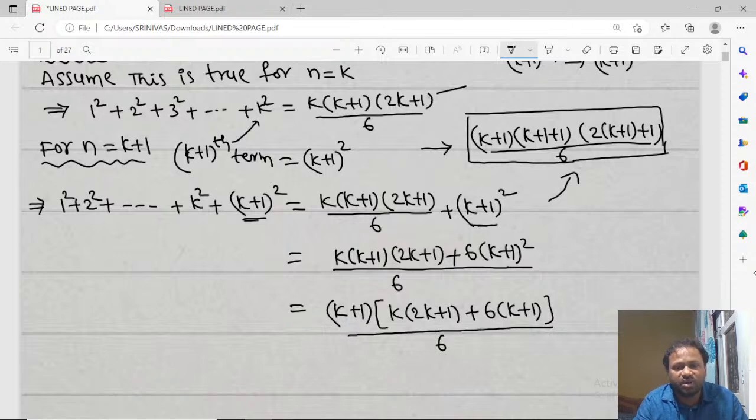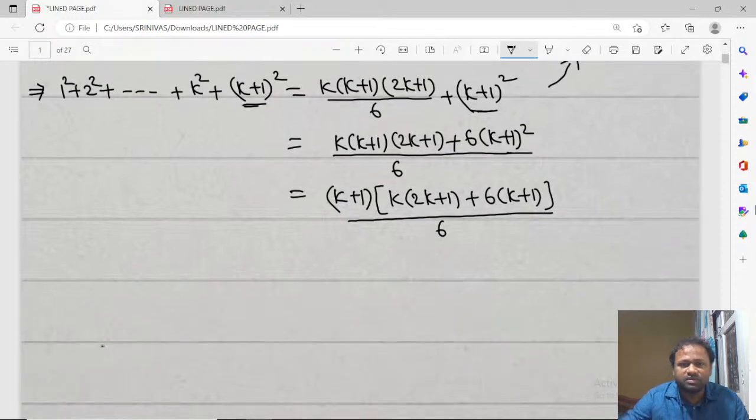So what I did, LCM 6 multiplied, and from this orally I have taken (k plus 1) common out. So k will be there, (2k plus 1) will be there, as well as next 6 into (k plus 1). Now let us simplify it a little bit more.